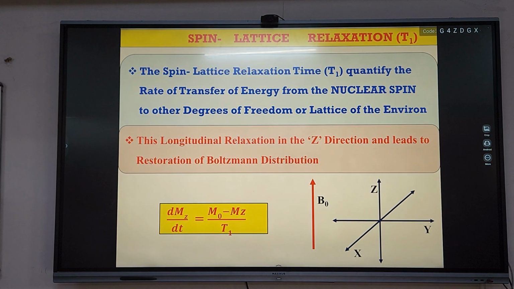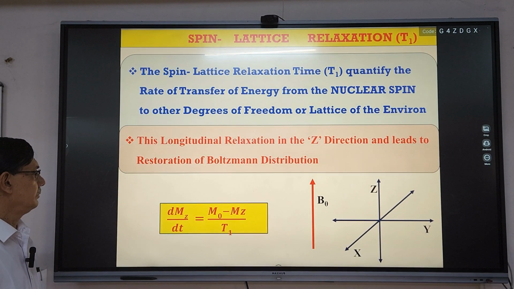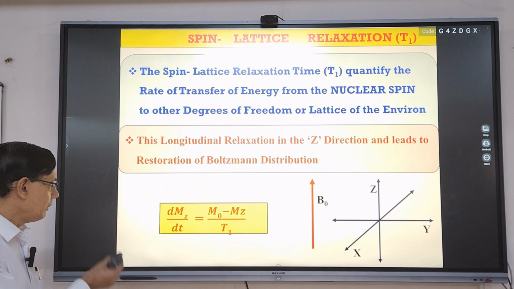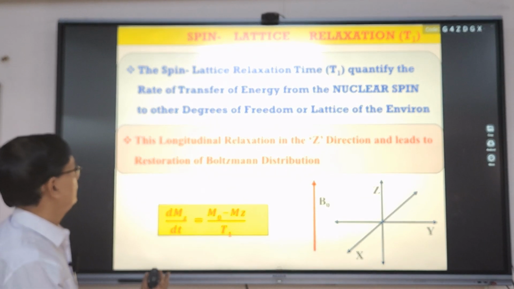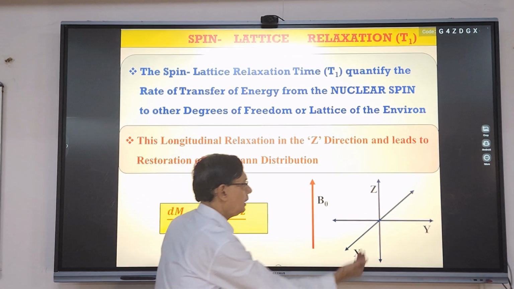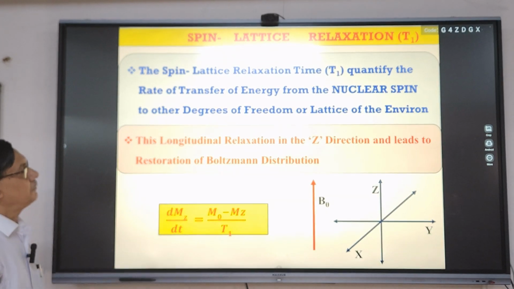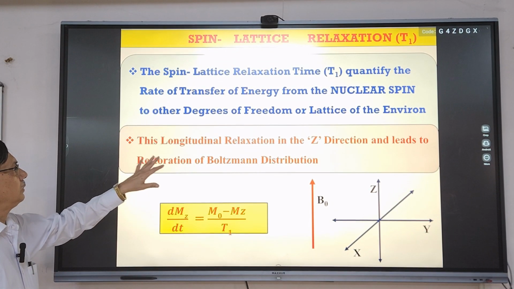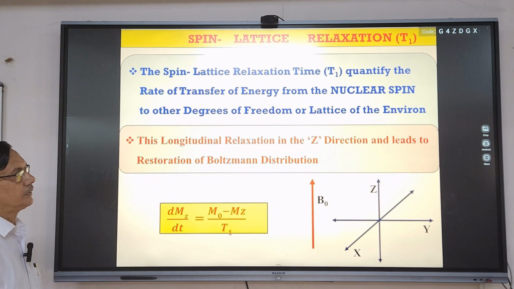So the rate of change of magnetization or magnetic moment with respect to time can also be calculated, and as I told you, this is the longitudinal direction, and therefore it is called the longitudinal relaxation, and of course the restoration of the Boltzmann distribution.